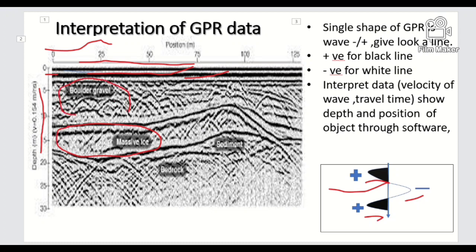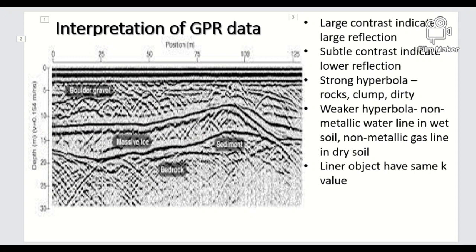So here the wave energy reflects, and we detect the different layers through black and white bands, and by GPR, if any object or utility is defined, it is indicated by this type of curve or hyperbola. There are so many hyperbolas here. If they have the largest contrast, a large reflection is created. If they have the lowest contrast, it is a low reflection.